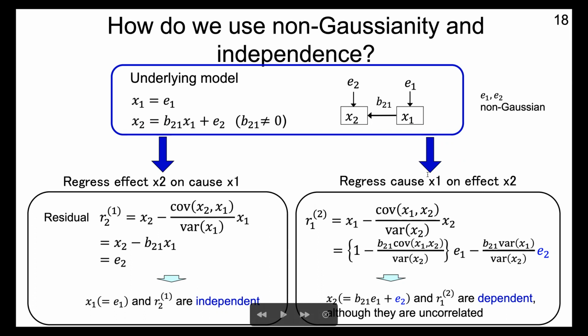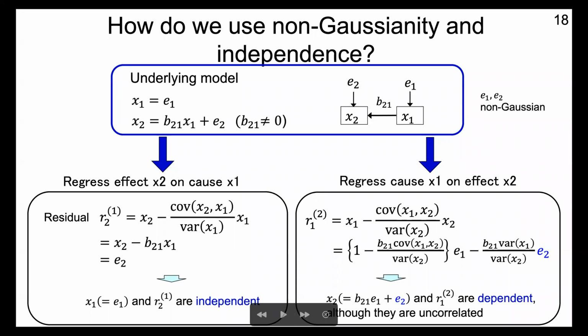On the other hand, if we regress the cause x1 on the effect x2, we can show that the explanatory variable x2 and the residual are not independent, because both of them have the error variable e2 in them. So this introduces some dependency between the two.